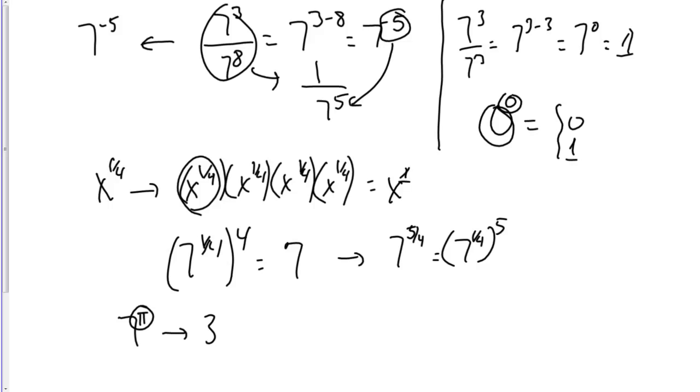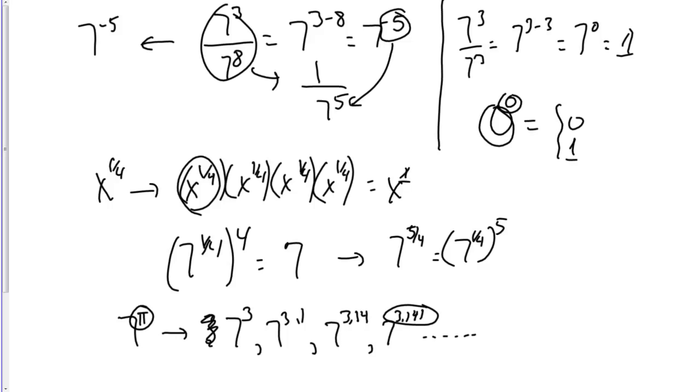Well, what about 7 to the 3? 3 is very near pi. What about 7 to the 3.1? That's getting closer to pi. 7 to the 3.14. 7 to the 3.141. And we could keep going, keep estimating pi and getting closer and closer to pi.